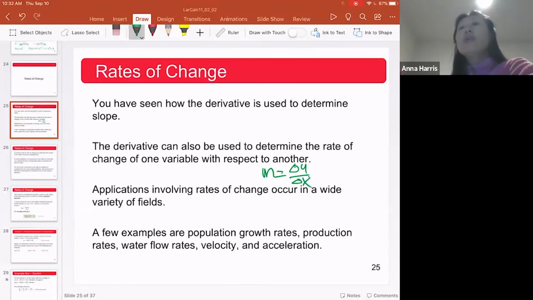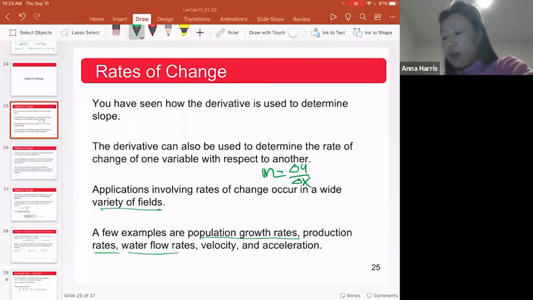One variable with respect to another variable, yes.